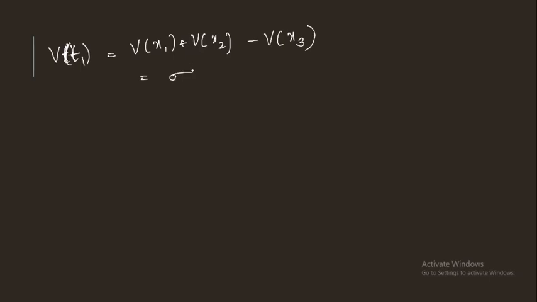Now we have to check for the efficiency. In order to check for the efficiency, we'll have to find out the variance of the first statistic, that is the variance of T1, which is equal to the variance of x1 plus the variance of x2 minus the variance of x3, which is equal to sigma square plus sigma square minus sigma square.